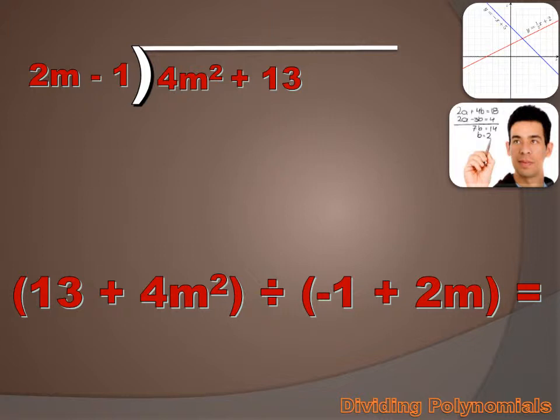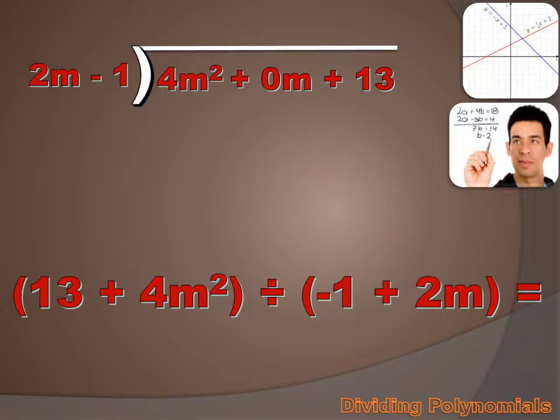Well, how many m's to the first power do I have? Well, I don't have any. So that's what I'll insert. 4m squared plus 0m plus 13. Now I've got an m squared, an m to the first power, and a constant value. And I'm not missing a term.